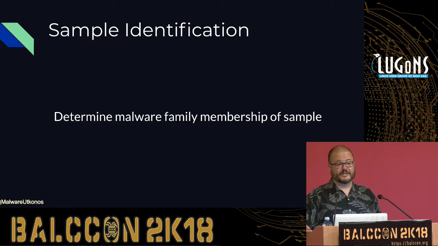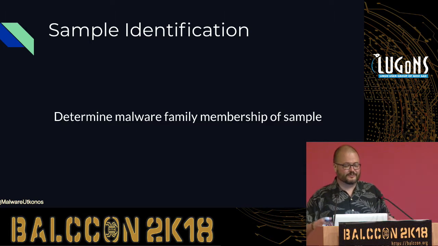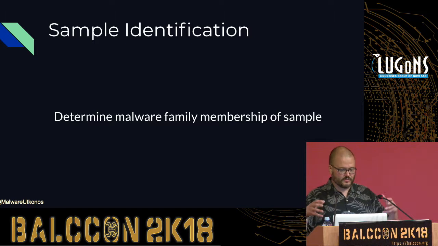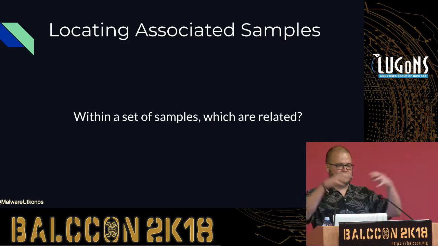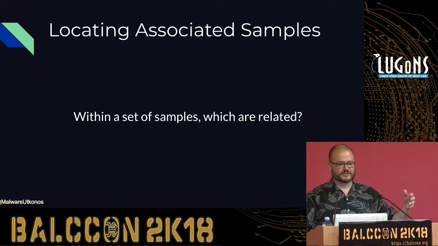Potentially who is the adversary that wrote it, and this sort of thing. So identifying the malware family is one piece of this process. And then the other part is locating associated samples. So within a set of samples, what subset of that set is related to the sample that I'm looking at right now.